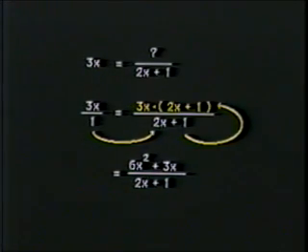The answer? Surprise, 2x plus 1. So we multiply the numerator, 3x, by the same thing, 2x plus 1. And from there on, you would go ahead and use your distributive law.